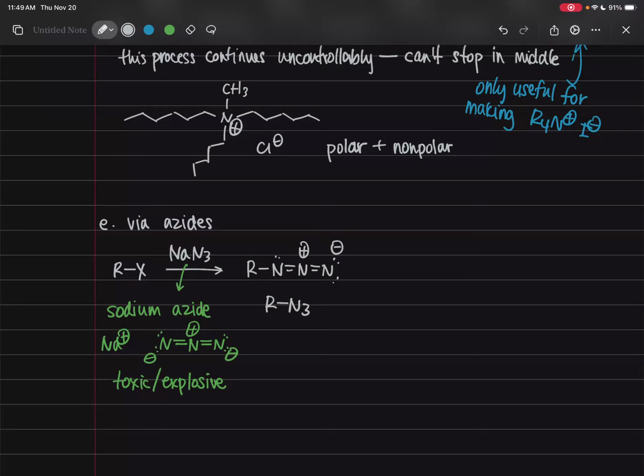Make sure you do it in dilute conditions, because the big issue, especially with sodium azide, is in the solid form. And actually, we're going to get to this at the end, kind of, but I'll mention it here.